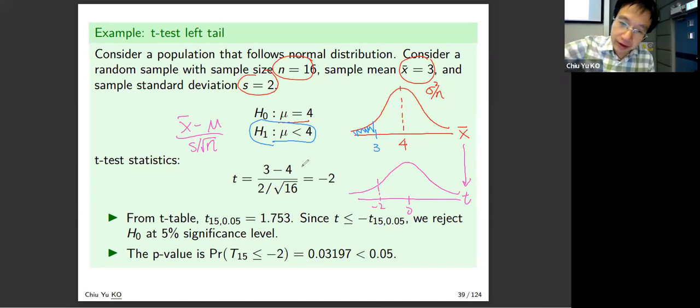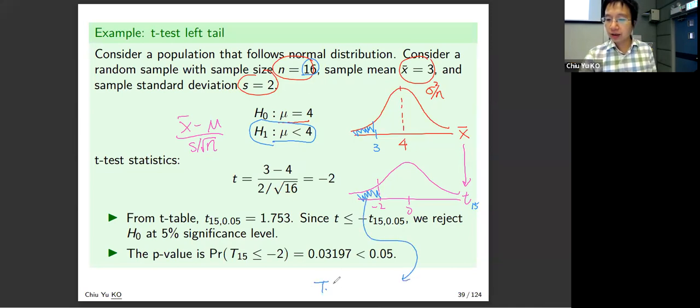So the question is this area, let me use the blue color again. This area, now converted to negative 2, is it more than 5% or less than 5%? If more than 5%, you don't reject. Less than 5%, small enough, you reject. Remember this is T15 because n is 16. So how do you do that? It's very simple.